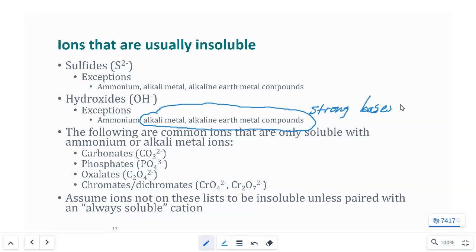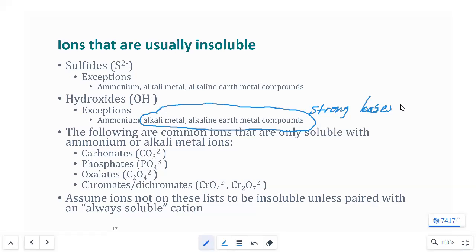The other ions on this list fall into a generic kind of category. They're only soluble with ammonium and the alkali metals, which, if you remember back to the first group, ammonium ion and the alkali metal ions were in the group of always solubles as well.